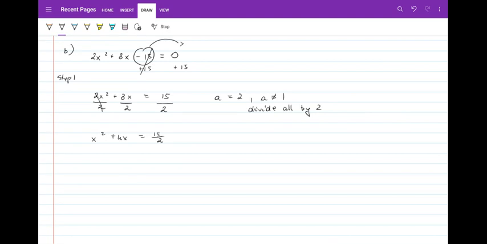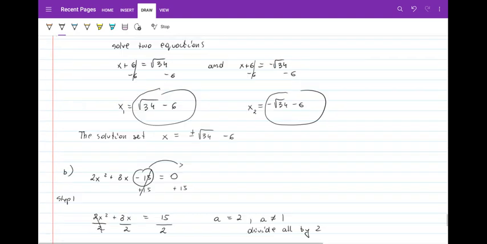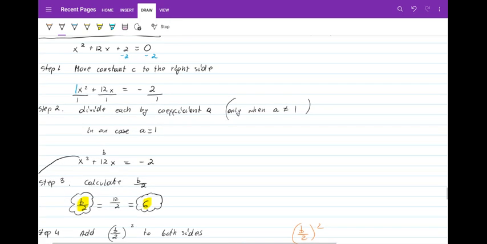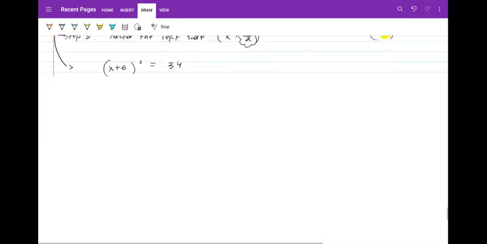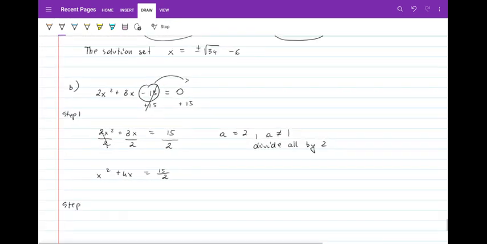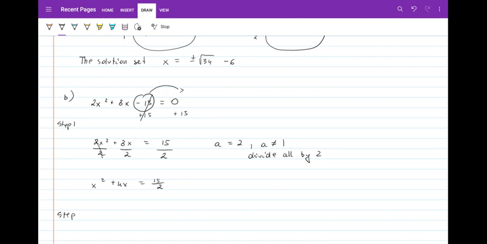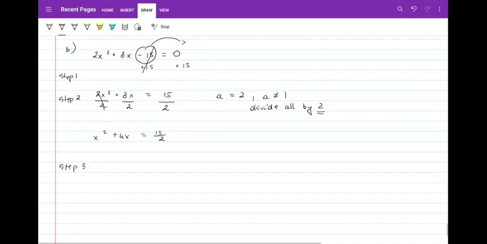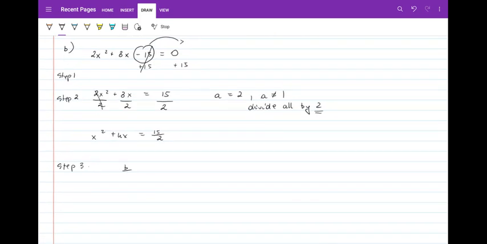Okay. Now, that was step 2. I just want to keep the same order. So this is step 1, and that was step 2, when I divide by 2. So now step 3, we can calculate that b over 2.